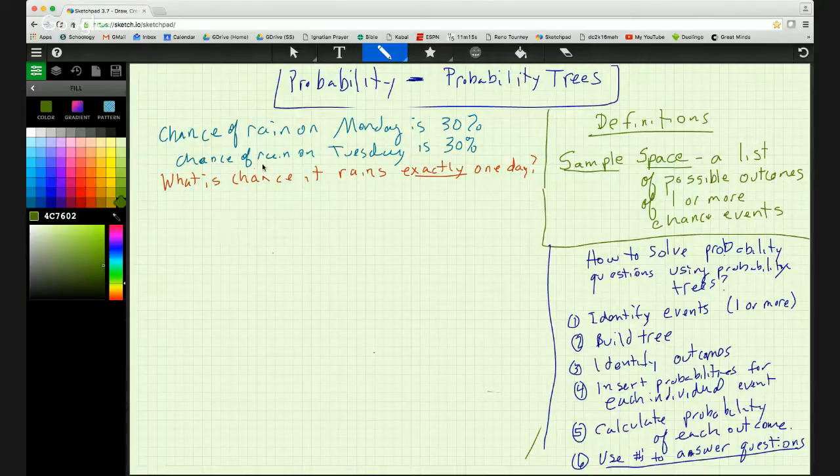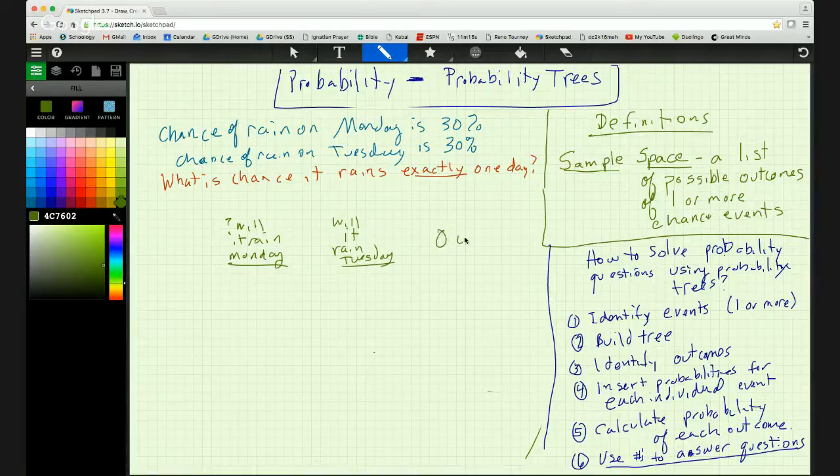Chance of rain on Monday, chance of rain on Tuesday. So how many different events are there? Well, the first is, will it rain Monday? And the second event is, will it rain Tuesday?